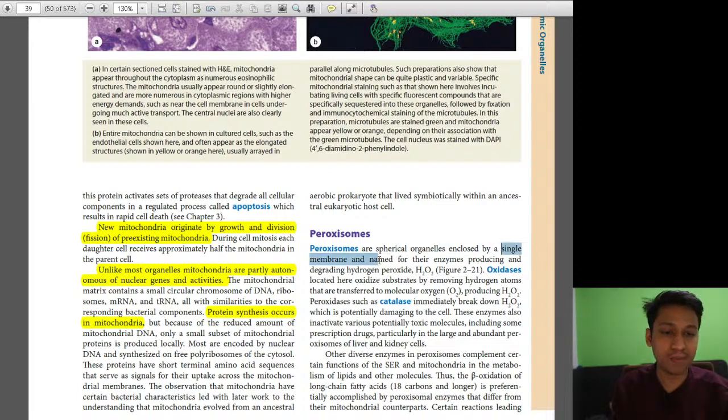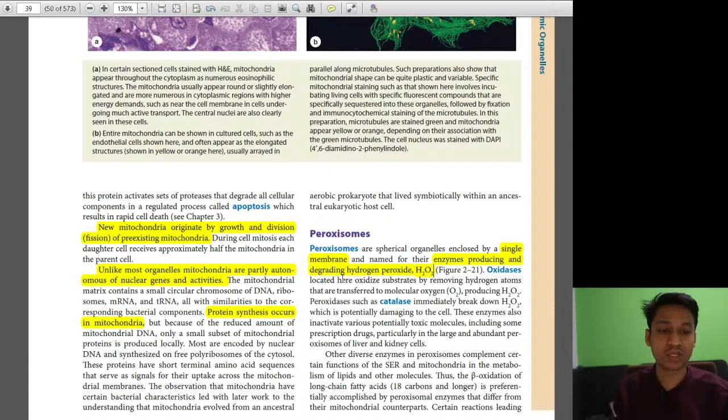Remember, single membrane, and named for their enzymes producing and degrading hydrogen peroxide, H2O2. So the peroxisome is responsible for producing hydrogen peroxide. That's why it is called peroxisomes.